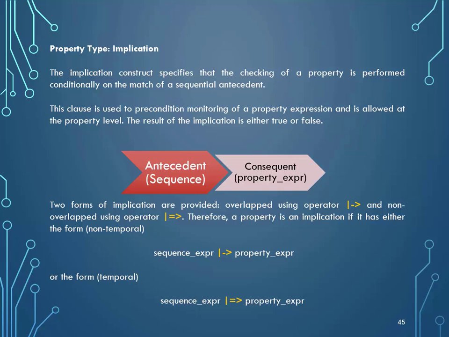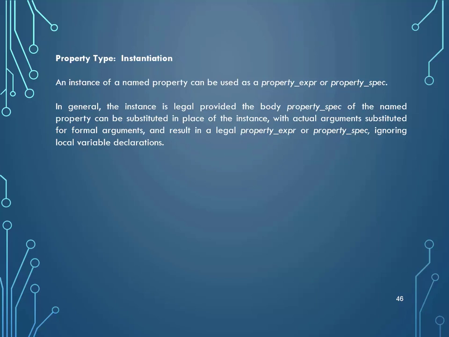On the other side, the sequence expression can be true, and one clock cycle after the property expression must be true. Just to make clear the difference between those. One of the most common mistakes in writing properties. And again, we just say the instantiation.